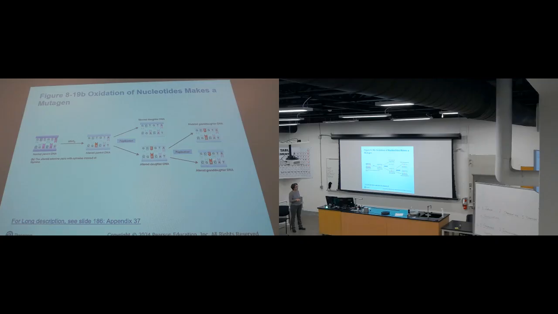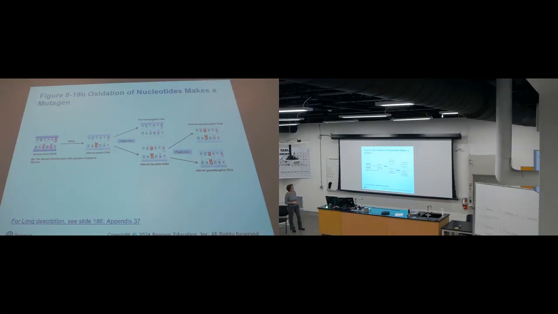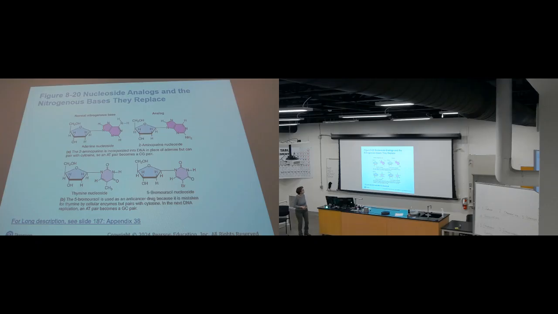And then this adenine again will bind to cytosine, because it will be a permanent mutation. So further generations will carry this. So this nitrous acid can permanently damage future generations.